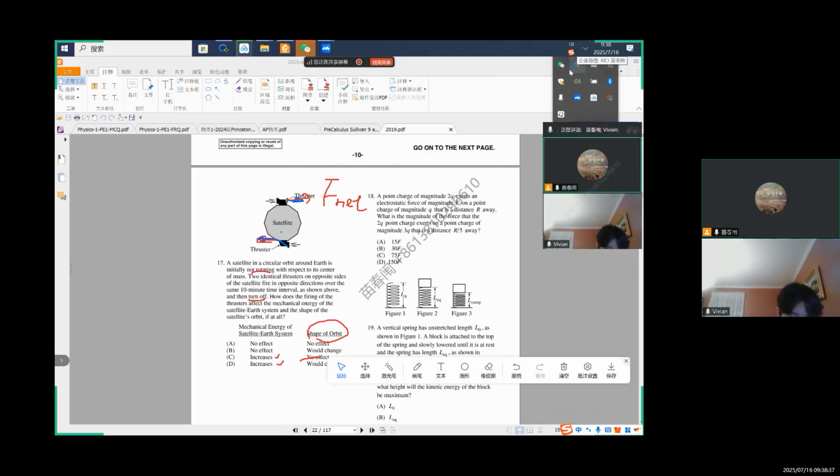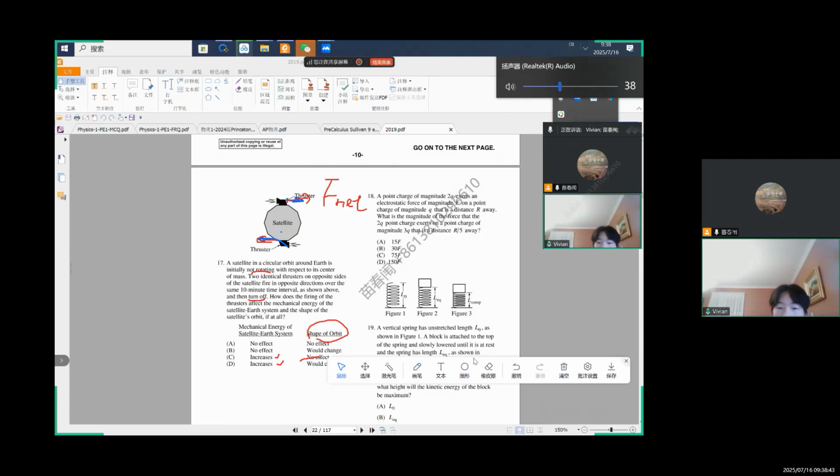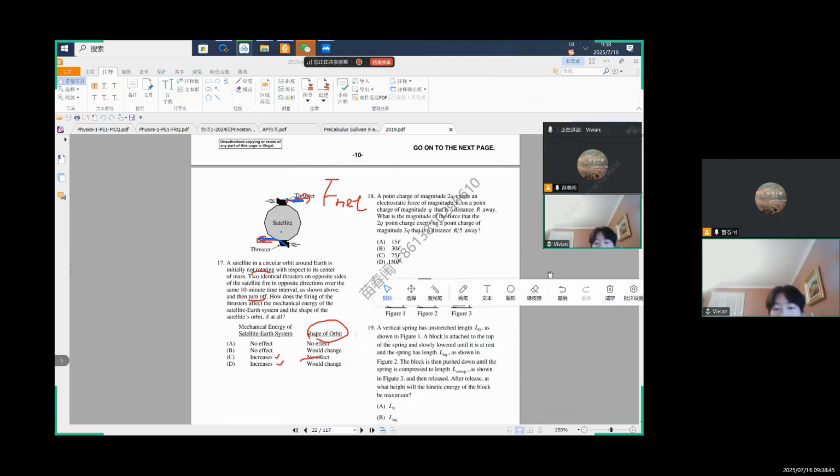So it's gonna be choosing C, right? Is it making sense? No effect, because it's rotating around the Earth. Yeah, it's still rotating around the Earth, right? So the shape is only influenced if it is changing, then it's influencing the force.